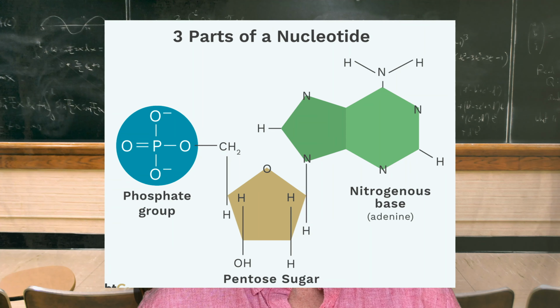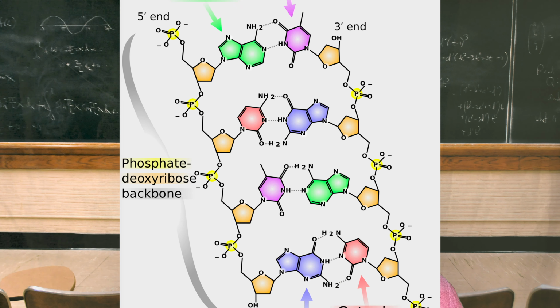These nucleotides are comprised of a nitrogenous base, a sugar, and a phosphate group. These nucleotides are linked together by a phosphodiester bond. Then they can base pair with the other strand of DNA via a hydrogen bond.